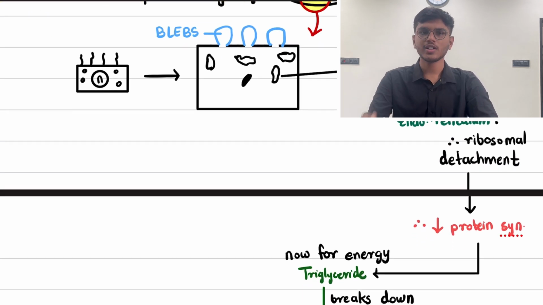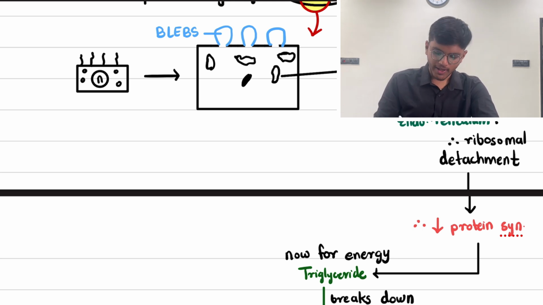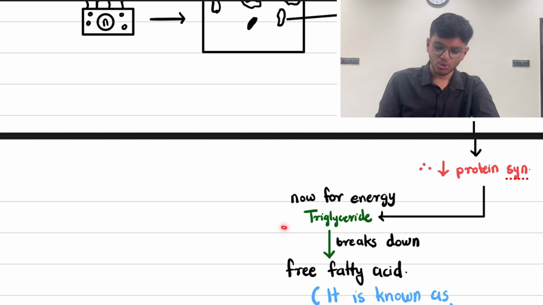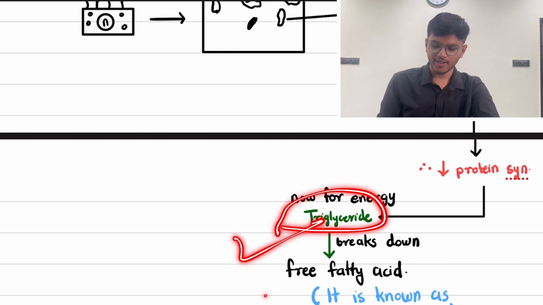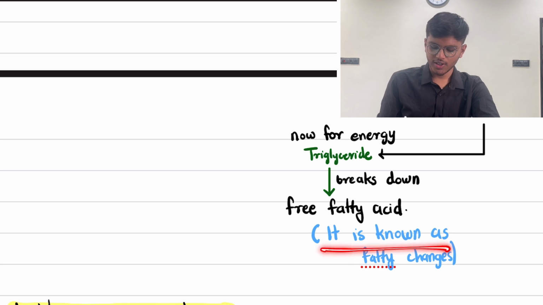As proteins decrease, energy production will be decreased. Now the cells will break down the fat known as triglycerides and convert it into free fatty acids. It is known as fatty change.